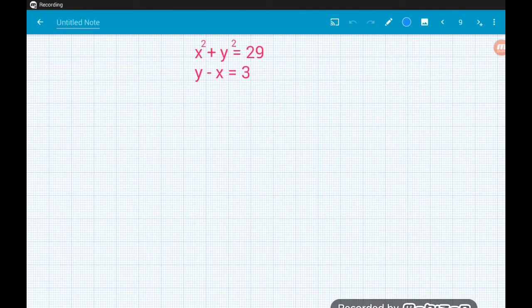Okay guys, final example in this video then, so we're going to check out another circle and a straight line. So we're going to start off labelling the equations 1 and 2 as always, and we need to obtain a substitution from the linear equation to substitute into the quadratic, which here again is a circle.